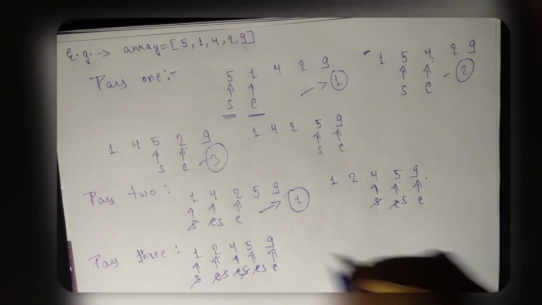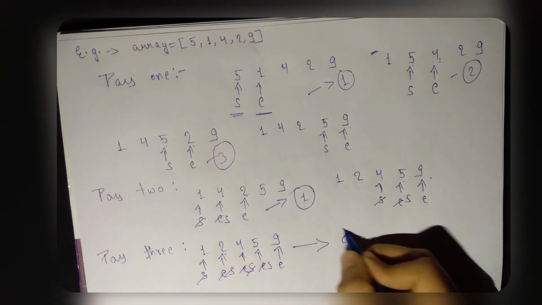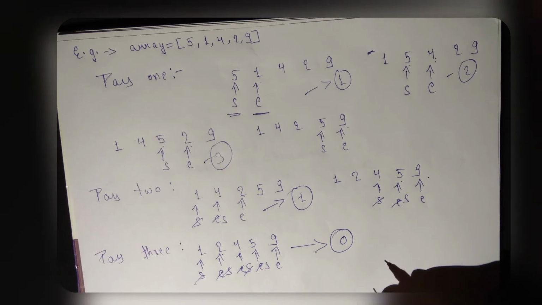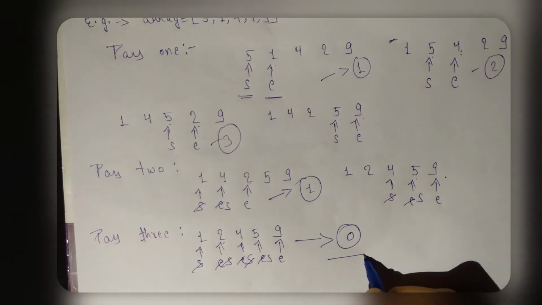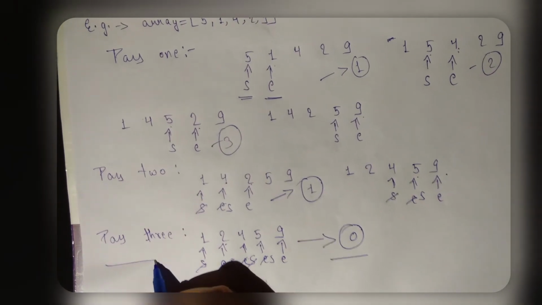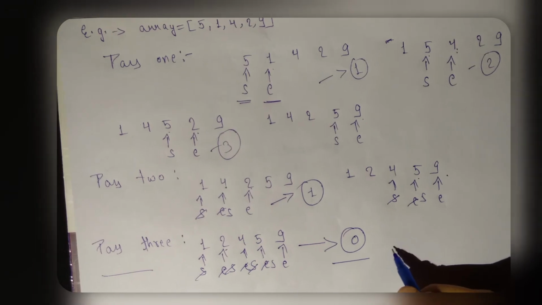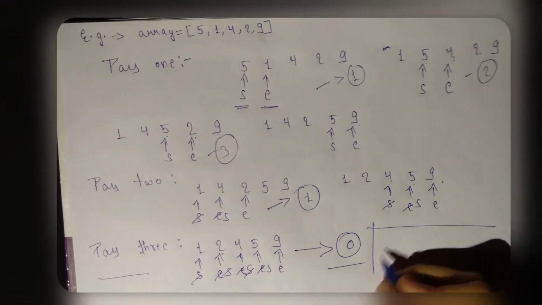So here no swap condition is being executed. That is 0 swaps. Since we have no swap condition executed in pass 3, we'll break our loop. That is, we'll stop iterating, and hence we already have our sorted array.